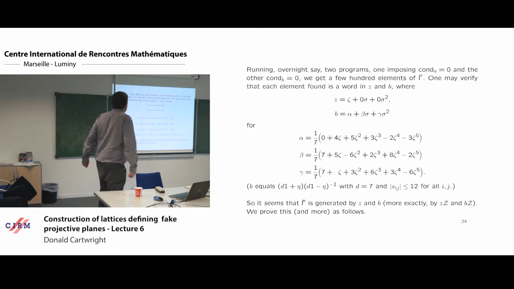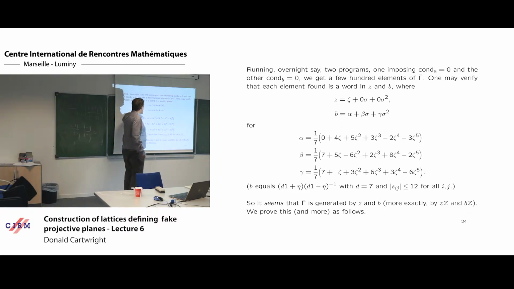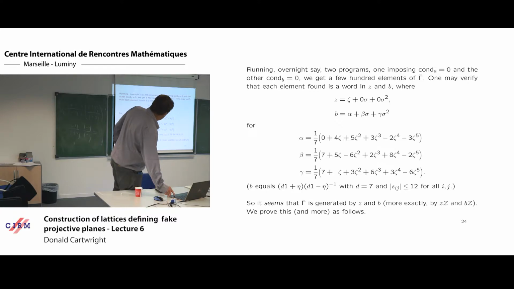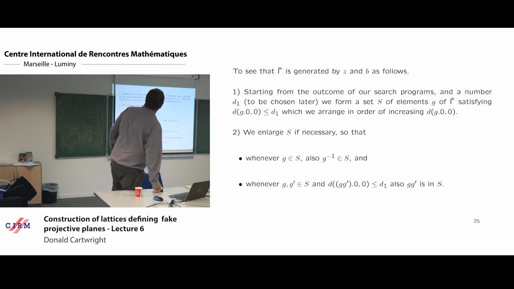And every time you could see that your output was a word in Z and B. And so it seemed awfully likely that Z and B generated the group.